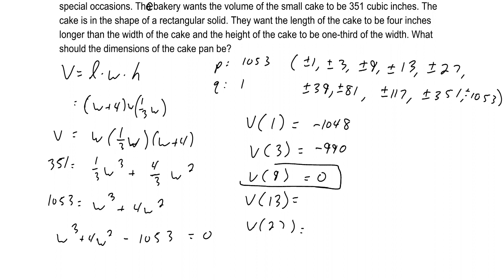That means our width is 9, which means our length is 4 inches longer, so that is 13. And our height is 1/3 of the width, so that is 3. So these dimensions are 9 inches, 13 inches, and 3 inches.